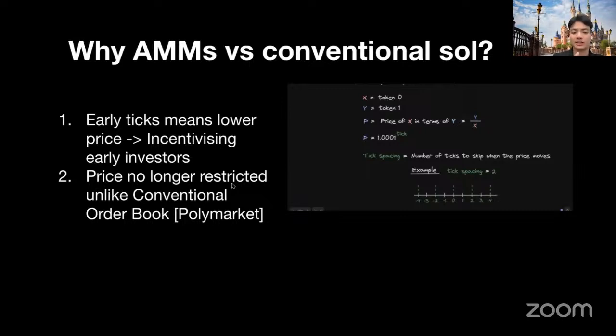Then the ticks slowly increase as more people put in their USD, for example, and get the Trump token or so on. Second, the price is no longer restricted, compared to Polymarket. It's only restricted based on the min and max ticks that are possible.